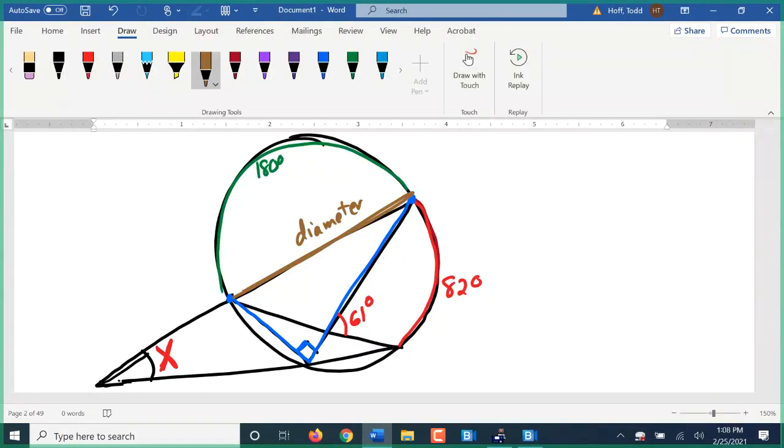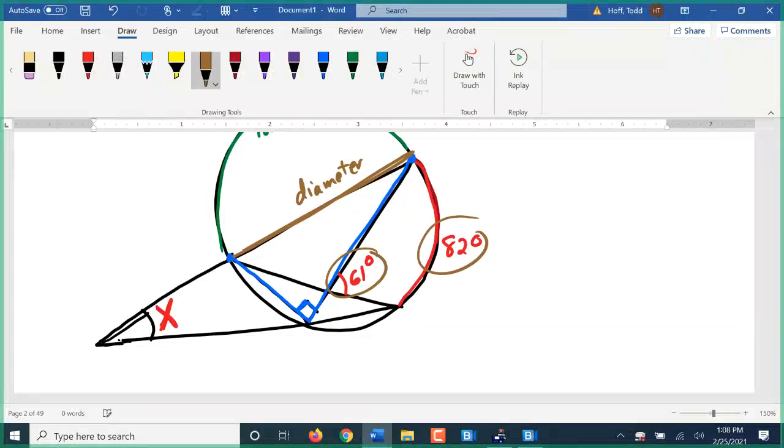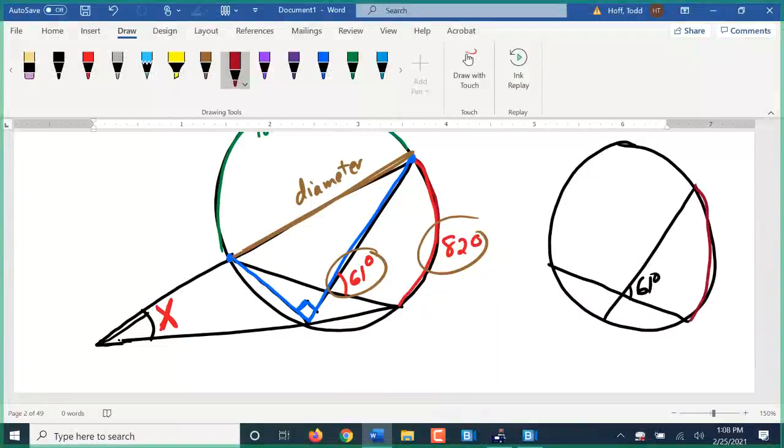Next, we look over here. We have this angle is 61 degrees, and this arc is 82. If I draw another circle with just those pieces in it that make that angle and that arc. So this is 61 degrees, 82 degrees.